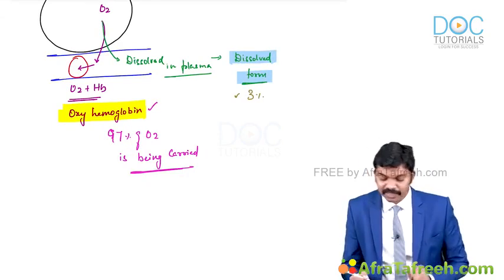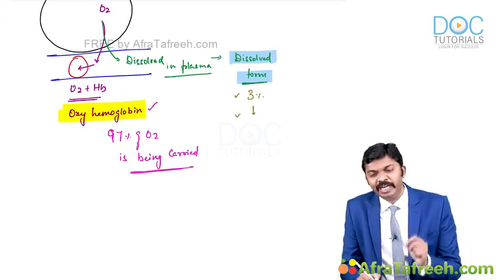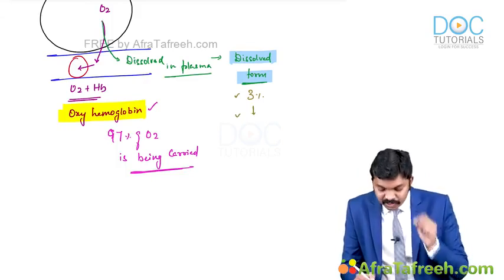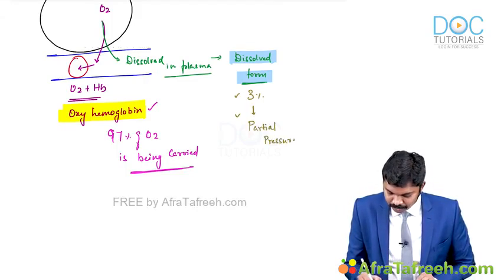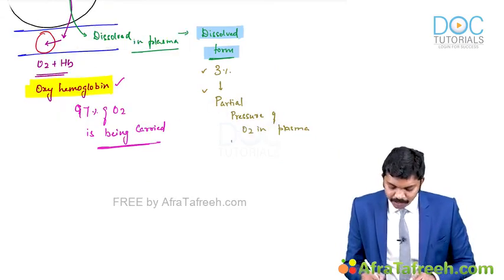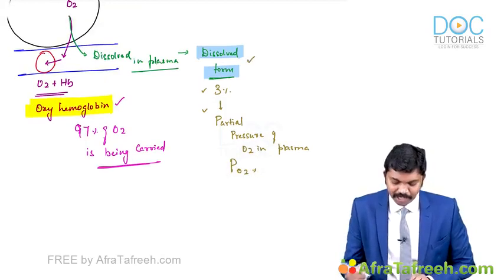As I discussed previously, my dear friends, please be very clear here: it is this 3% that contributes to the partial pressure of oxygen in plasma or blood for that matter. So whatever we write as PO2 stands for the dissolved form in plasma.